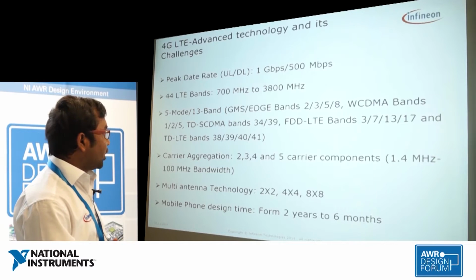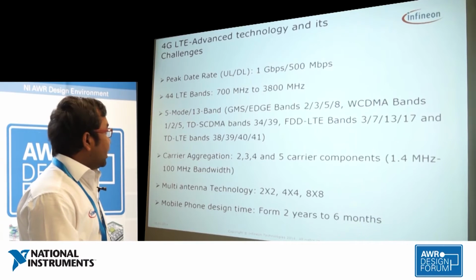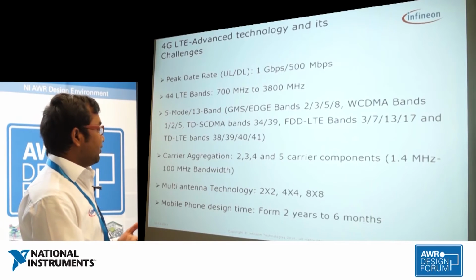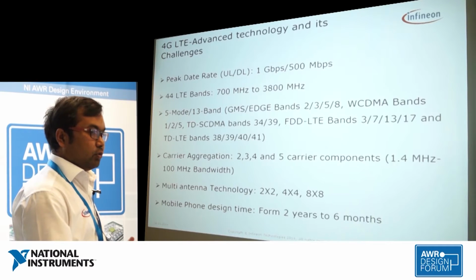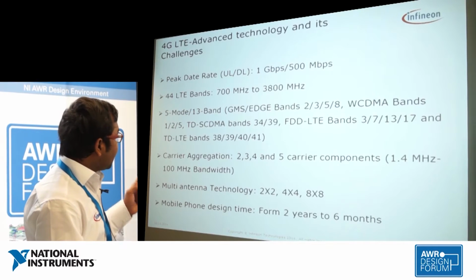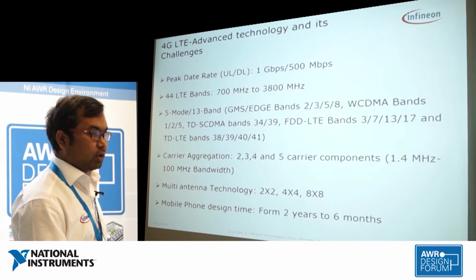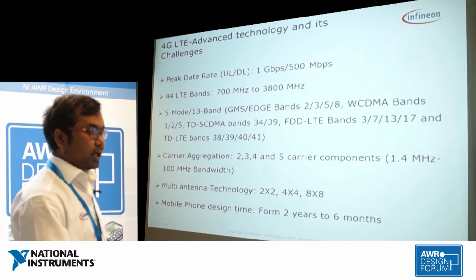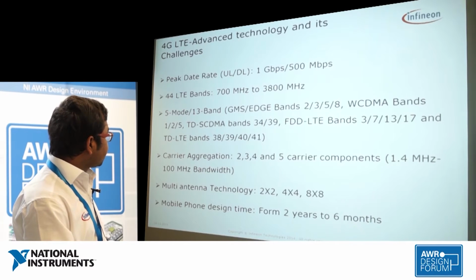Initially we had 1, 2, 3 bands. Now we have 44 LTE bands. In the first and second generations we needed to handle only 1 or 2 frequencies, maybe 5 at most. Now you have 44 carrier frequencies all around the world. To cover these we need to handle a lot of things.